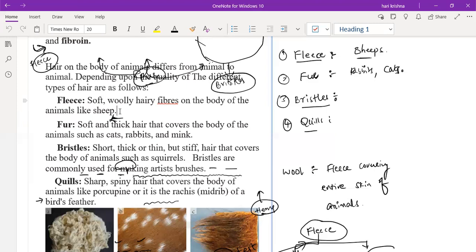If you take some animal's feather, you can use it in the preparation of badminton shuttles, right? Yes, sir. Have you seen the shuttlecock? Sir, in villages they play with feathers only, the feather cock. But right now we are discussing fabrics. So in the fabric case, you don't use feathers. Okay.